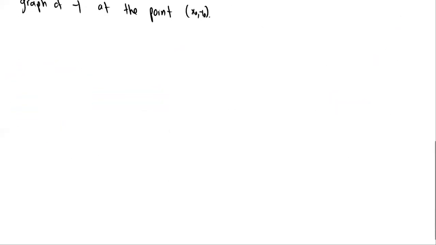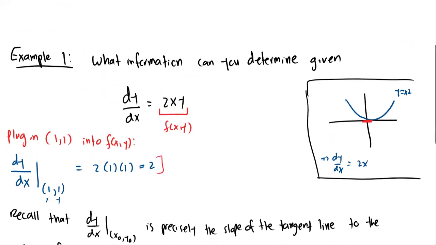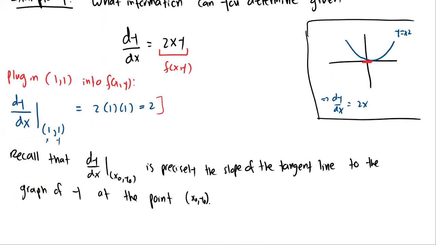So let me draw a plot here. Okay. So we already know, based on our work before, that at the point (1, 1), any solution is going to have slope 2.